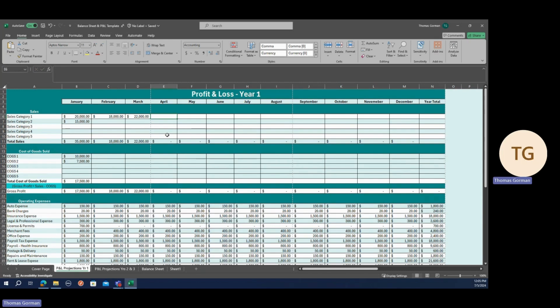We did 22,000 in March. Let's just say we did 15,000 in April. Let's say we did 15,500 in May. We did 19,000 June, 18,000. Okay, we got 16,000.